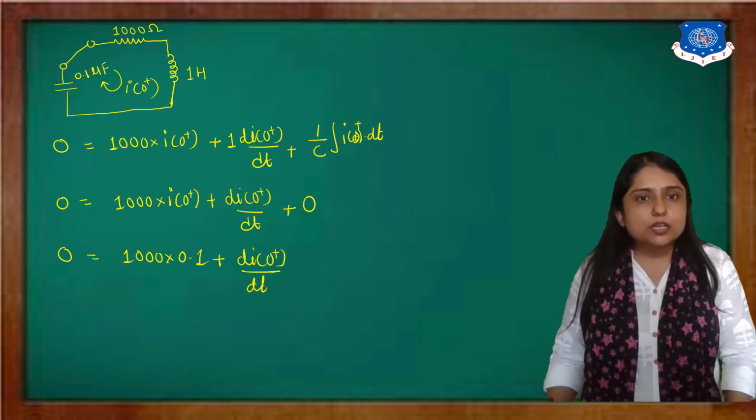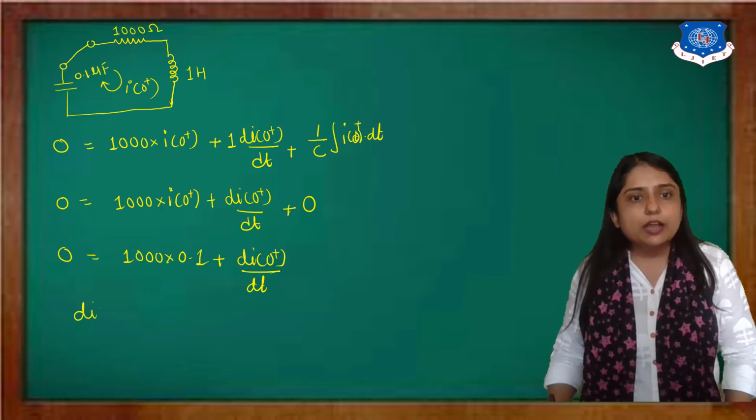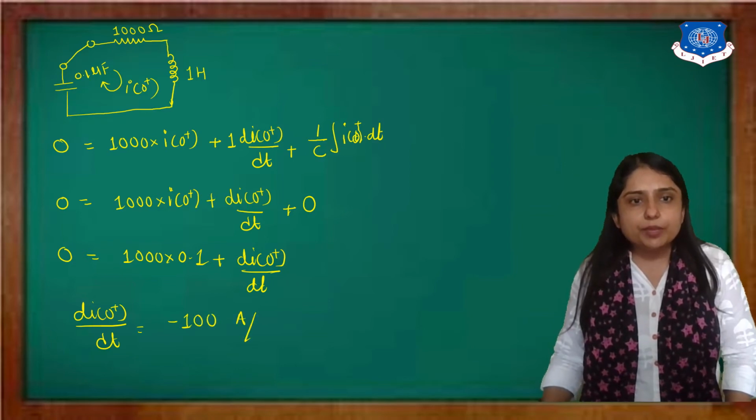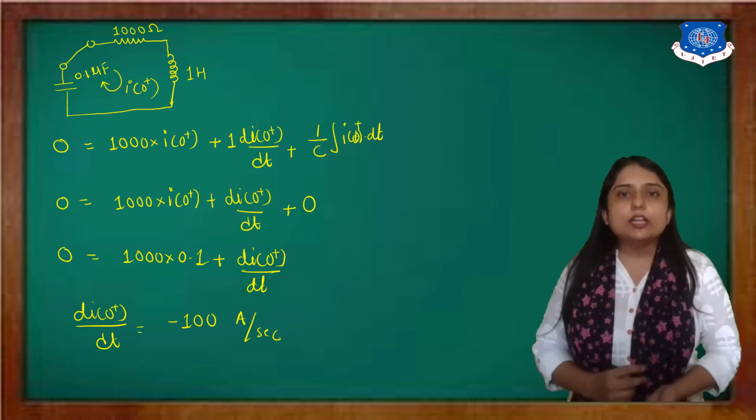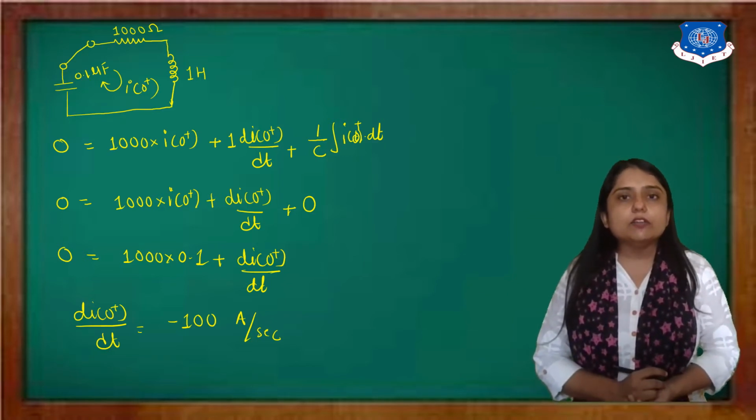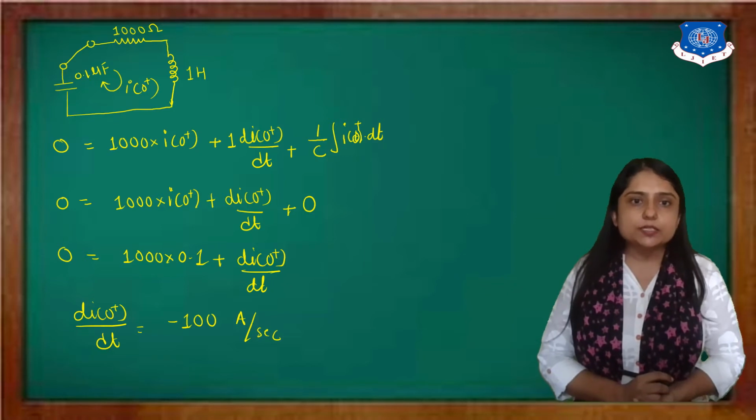So this is 100, and di(0+)/dt equals minus 100 ampere per second.